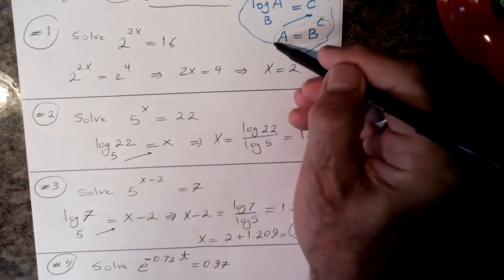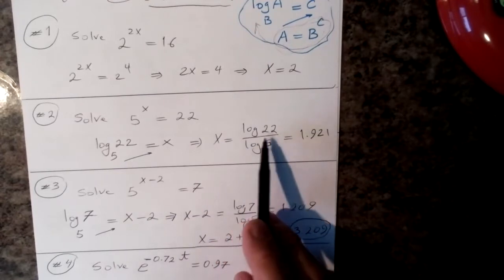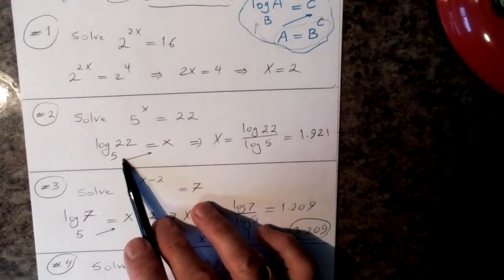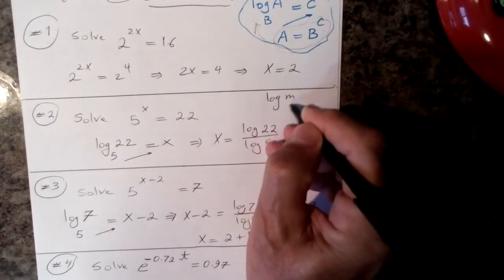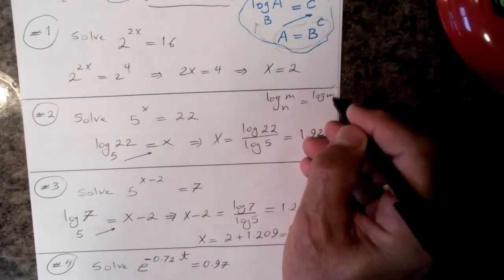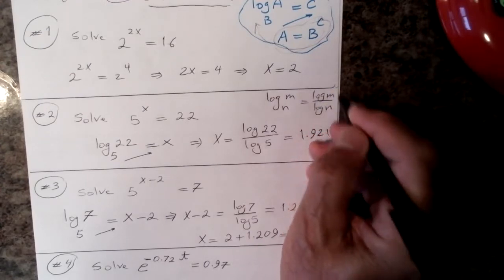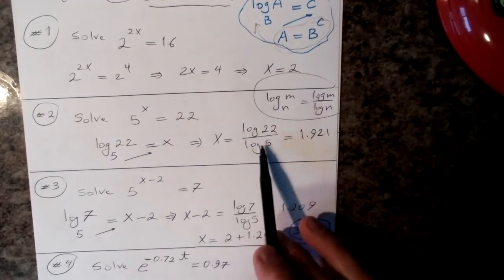So you do it backward on these equations. Then how do I calculate log of 22 with base of 5? Remember, if you have log of m with a different base, if the base is not 10, then it's log of m over log of n. Then you use your calculator, find each of these and divide.